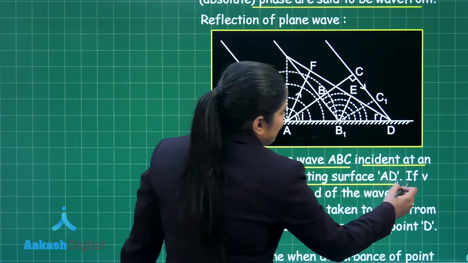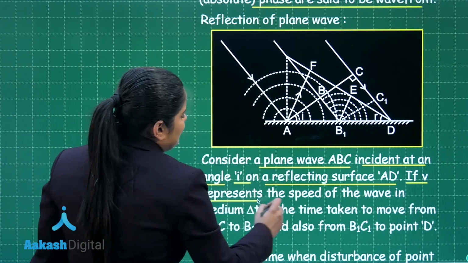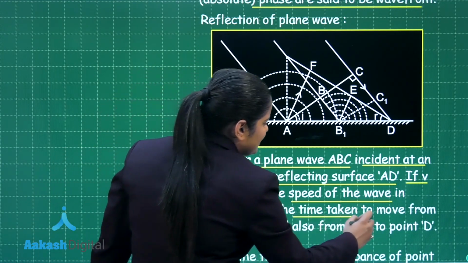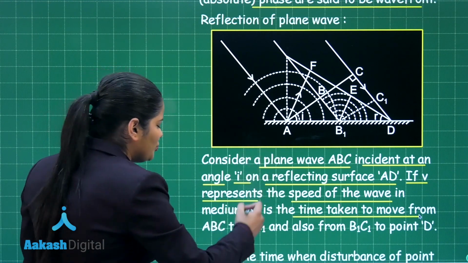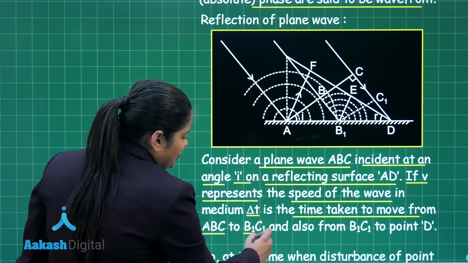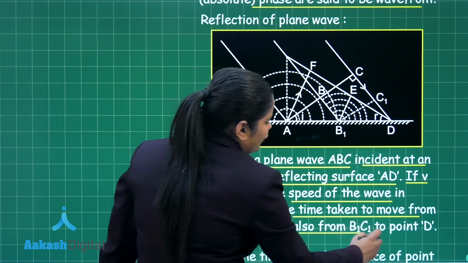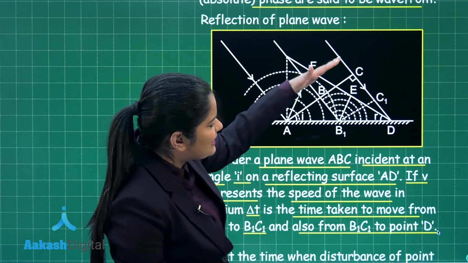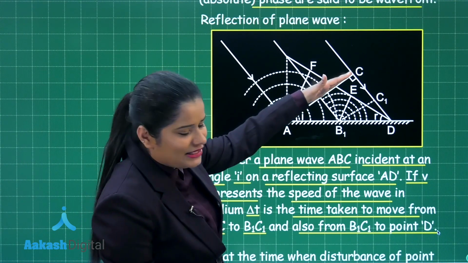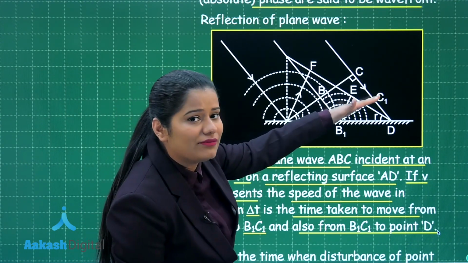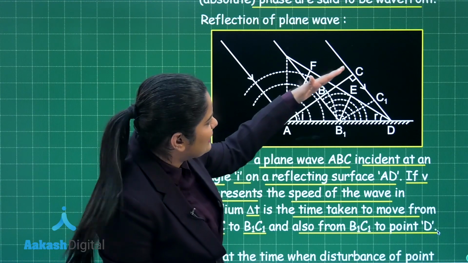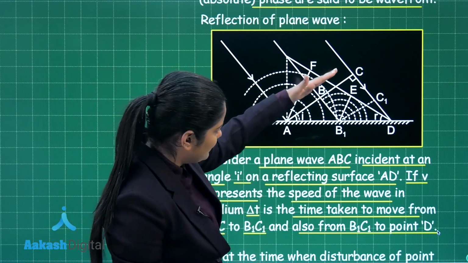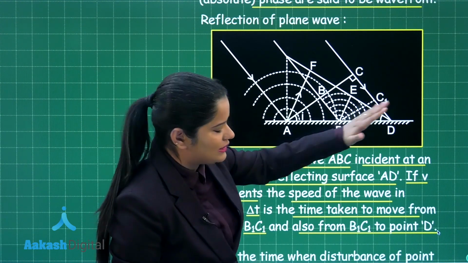Further, say v is the speed of the wave and delta t is the time taken by the wave to move from ABC to B1C1, and also from B1C1 to point D. So the wave is moving from ABC to B1C1 and from B1C1 to point D. Delta t is the time taken by the wave in moving from this to this and from this to this.